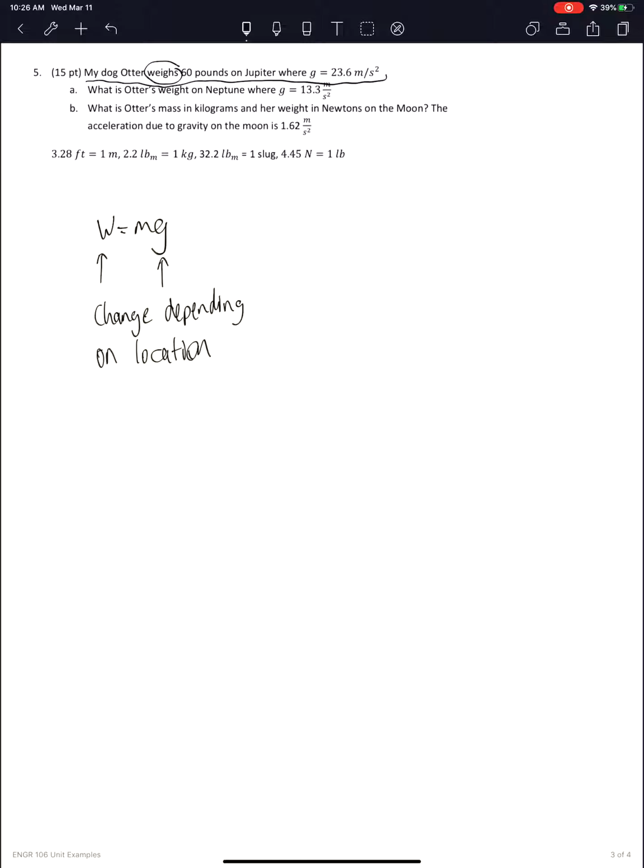So in this situation, I have W equals mg. This is on Jupiter, where g is 23.6. So what I can tell you is definitely my dog weighs 60 pounds, and that's equal to their mass times the acceleration due to gravity, 23.6 meters per second squared. I have a little bit of a confusion here. The rule is use standard units, get standard units, and I should probably add that is for one specific unit system.